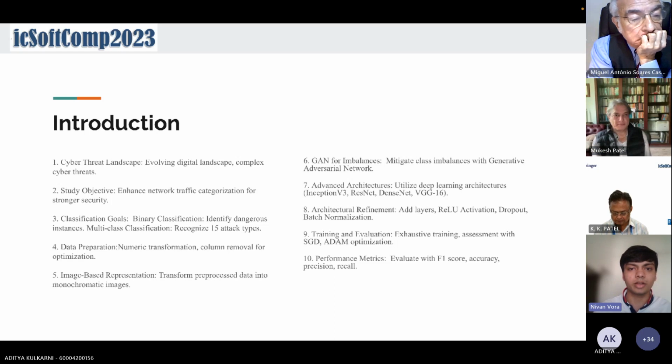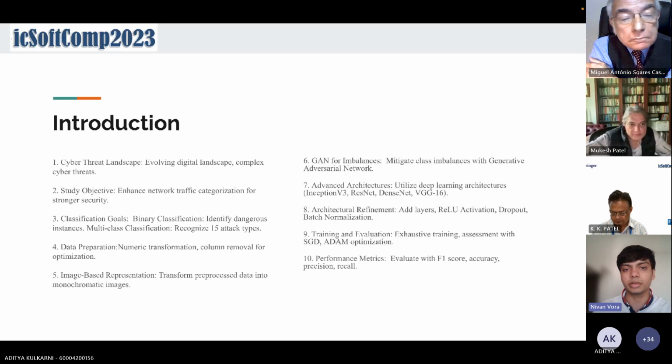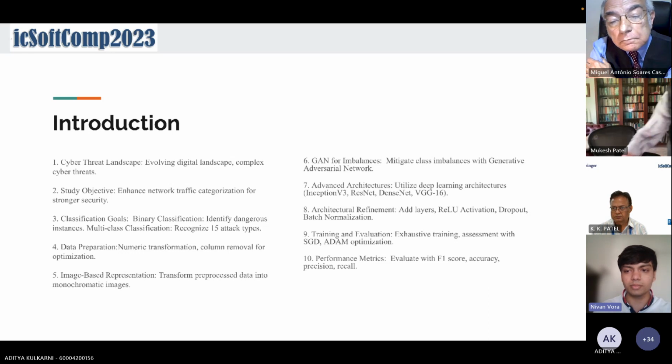So there is an even greater requirement to develop good cybersecurity threat detection mechanisms. The traditional methods in cybersecurity threat detection, for multiple types of attacks like DDoS attacks, fingerprinting, etc., are not viable because of dataset imbalance.